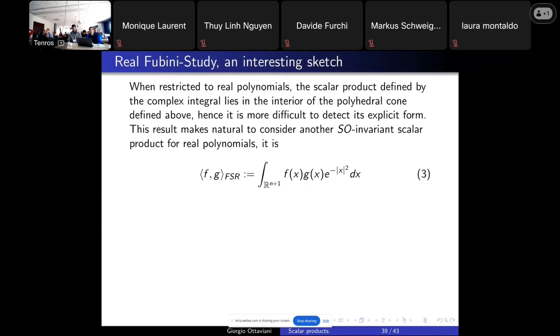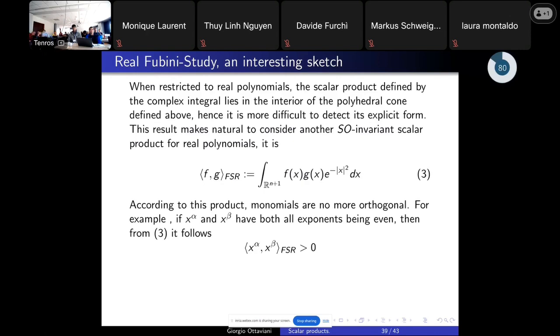So you can ask, is it maybe Bombieri-Weil because it's invariant? And the answer is no. The answer is no, because two monomials are now no more orthogonal, because over the reals, for example, if you compute when the exponents are even, this is clearly a positive function and cannot have zero integral, no?